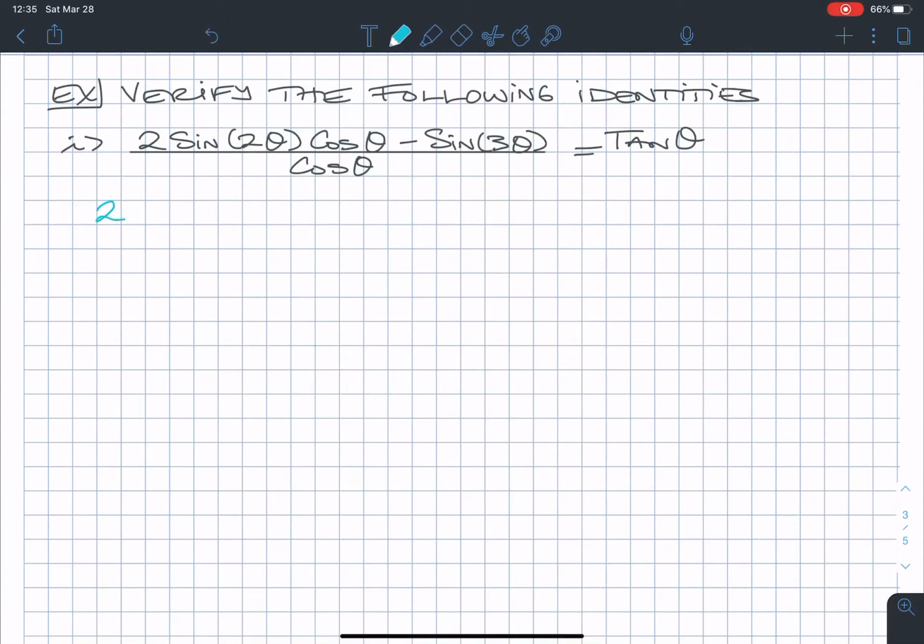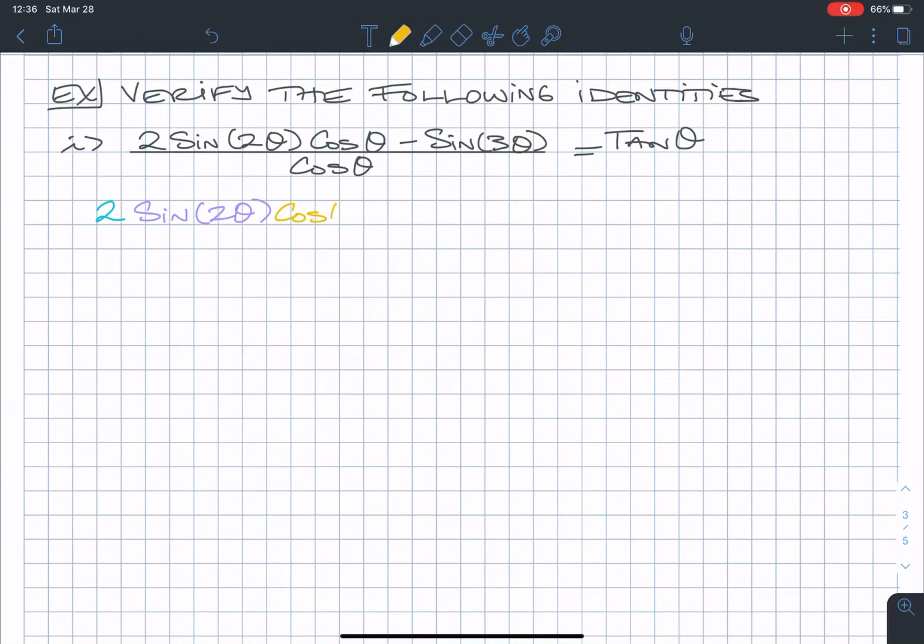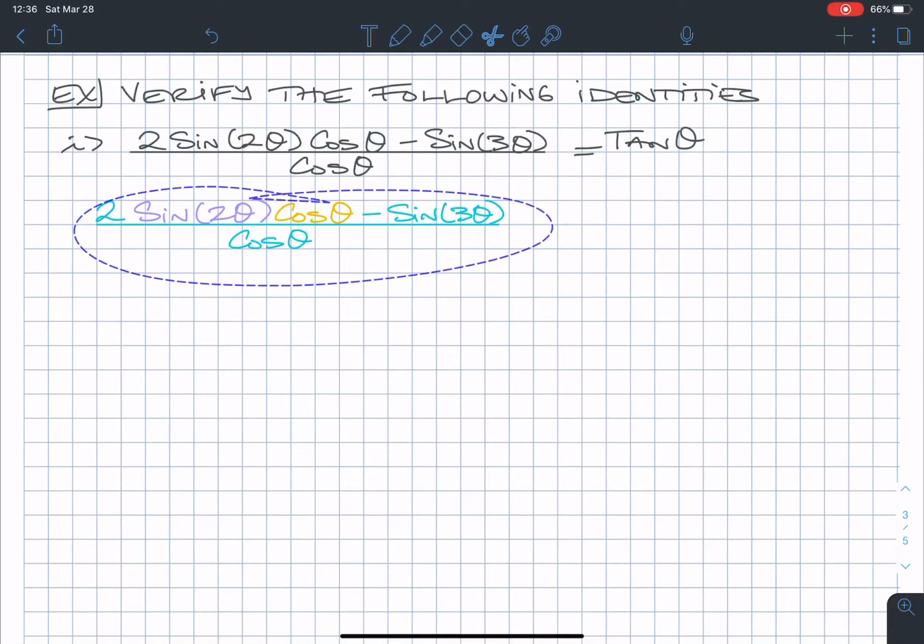So 2 times sine of 2 theta times cosine of theta minus sine of 3 theta all over cosine of theta.